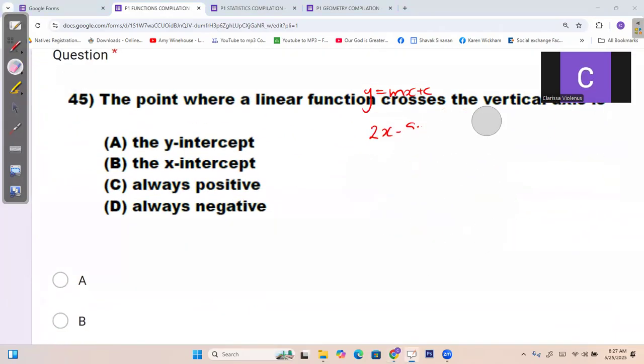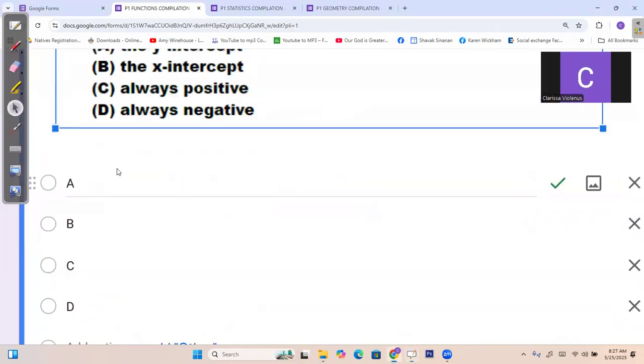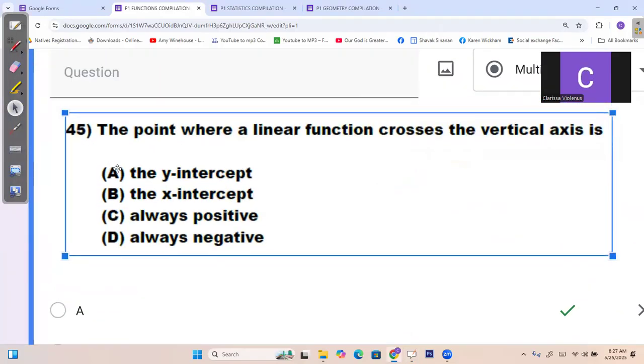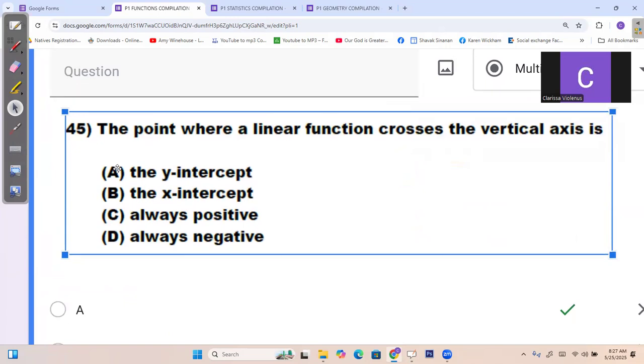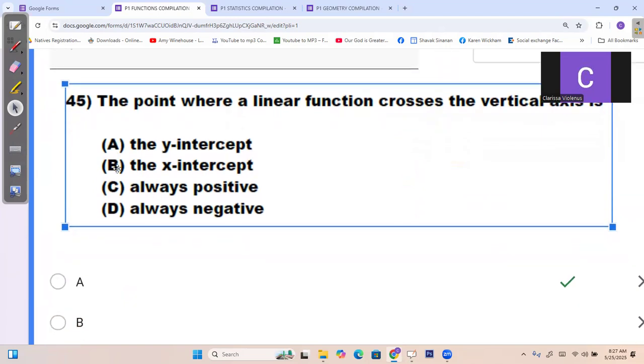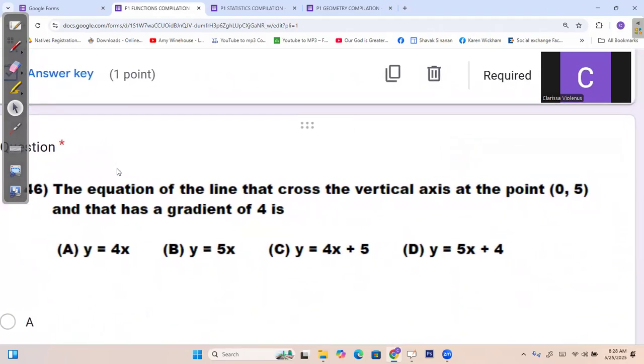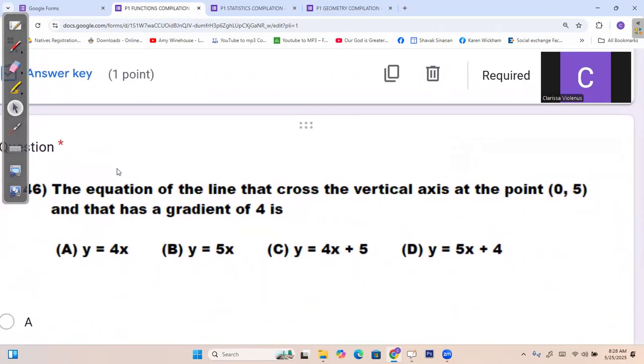Almost finished this one. It says here, the point where a linear function crosses the vertical axis. We did this one. It's called the y-intercept. We literally did this before. The equation of a line that crosses the vertical axis at 5 and has a gradient of 4, that's easy.